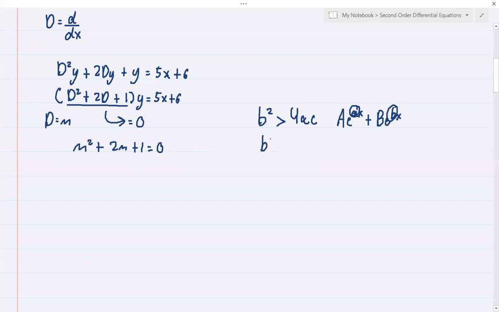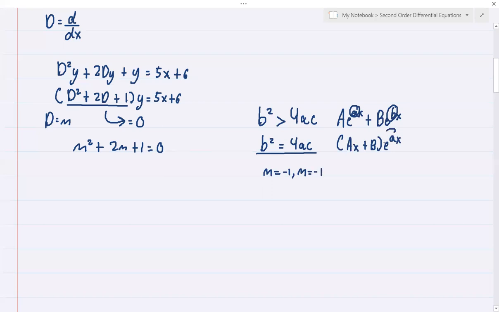Now, what if the value of b squared is the same as the value of 4ac? Then you use (a x plus b) times e raised to small a x. Meaning, you have two of the same m values. For example, m is equal to -1, and another m which is also equal to -1.